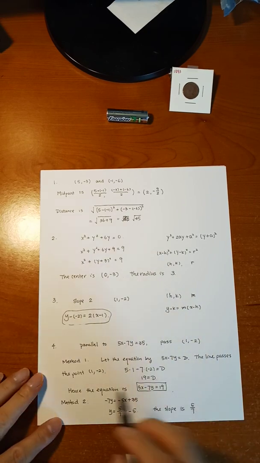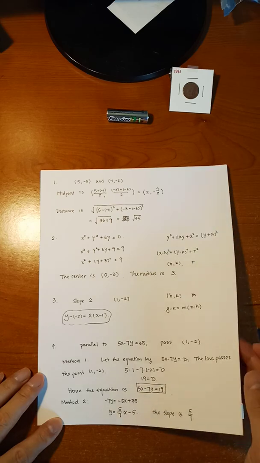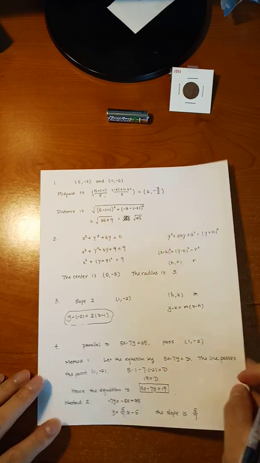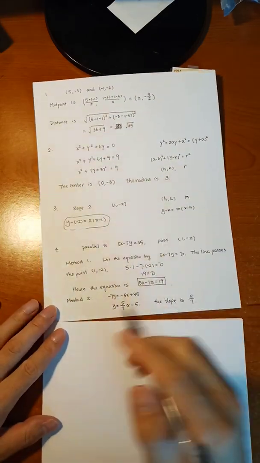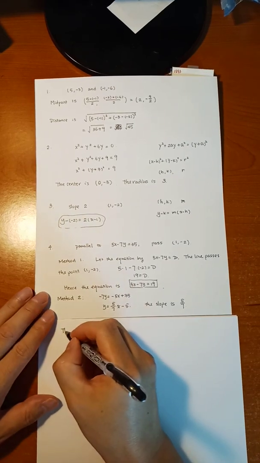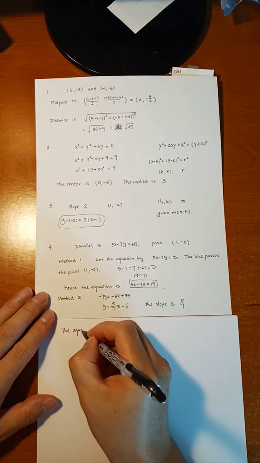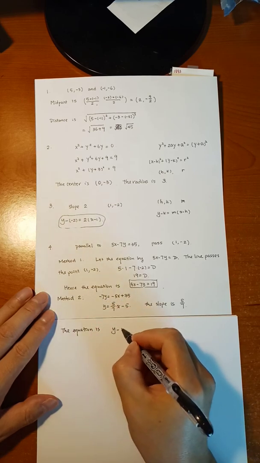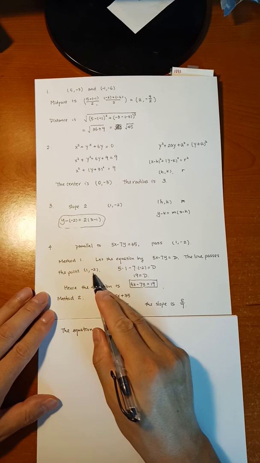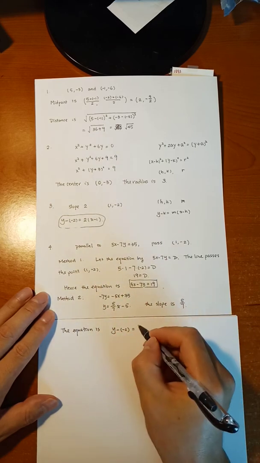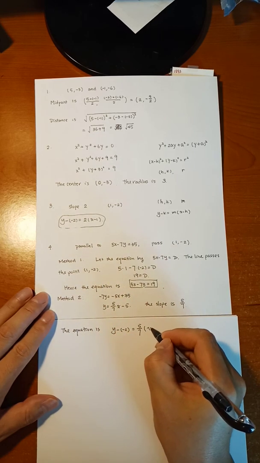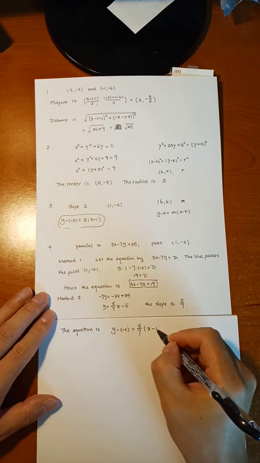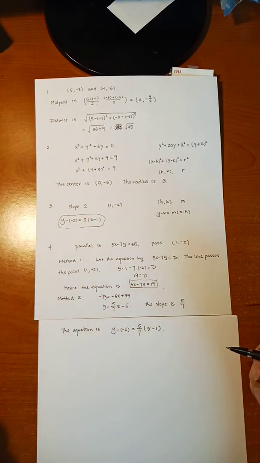You have the slope, you have this point. Then the equation is y minus the y coordinate is equal to the slope times x minus the x coordinate of the point. Okay, so this is the case.